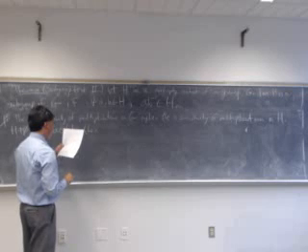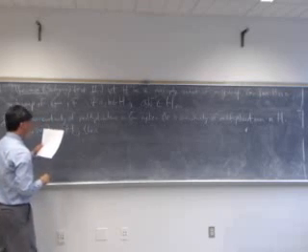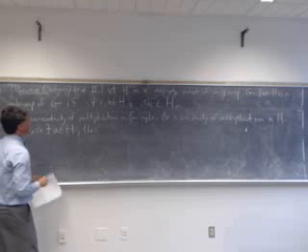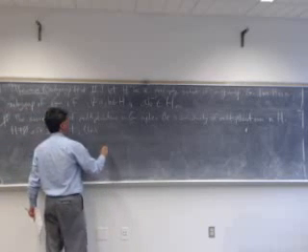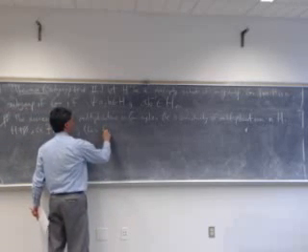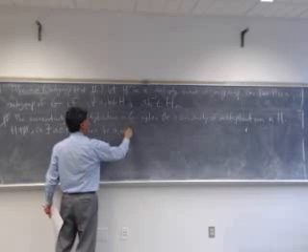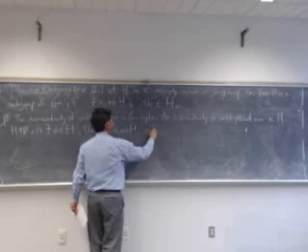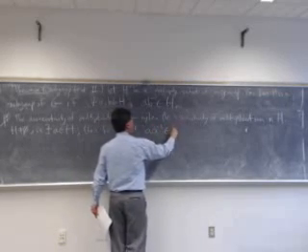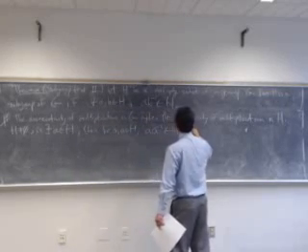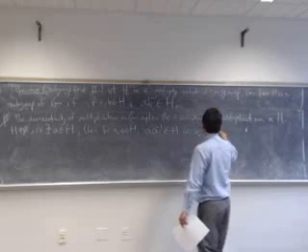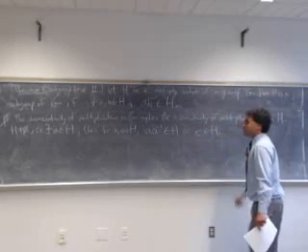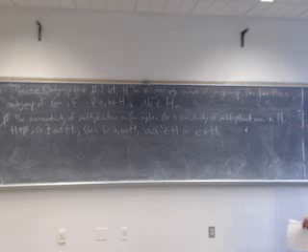Then what do we have? In particular, for A and A in H, so think of A as both the first element and the second element, A times A inverse is in H, or E is in H. So we have the identity property.